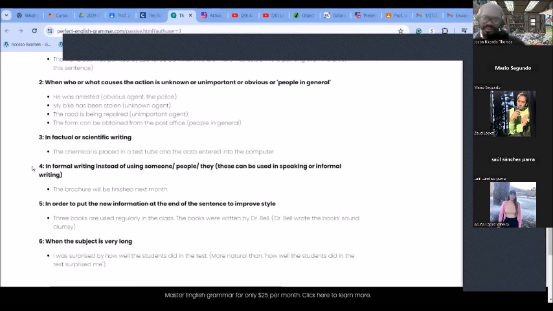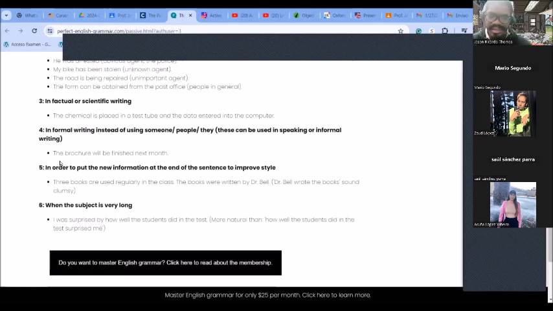In factual or scientific writing, the chemical is placed in a test tube.